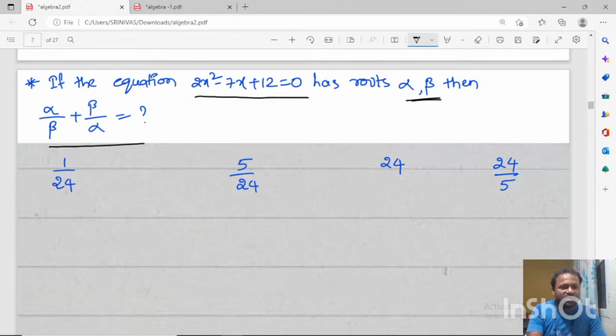Then what is the value of alpha plus beta, alpha divided by beta plus beta divided by alpha? This is the question. Okay. Renuka says 0, then product also 0. Yes, c is 0, c is 0 means product will be 0.